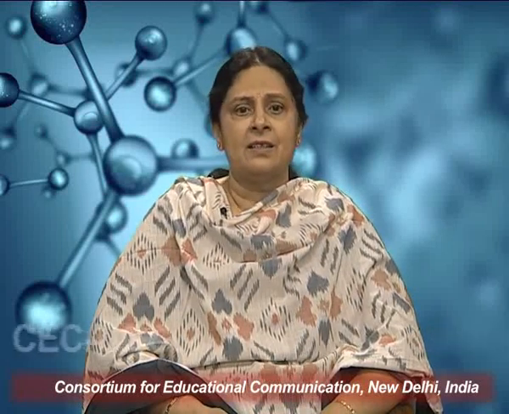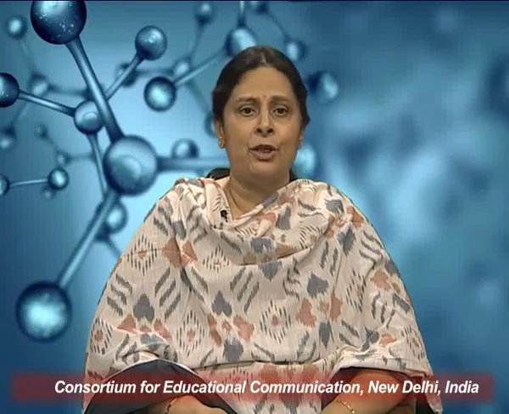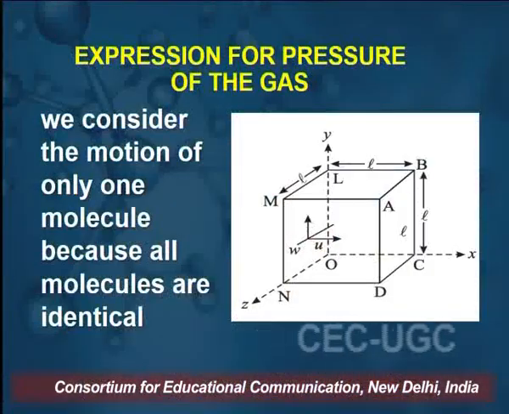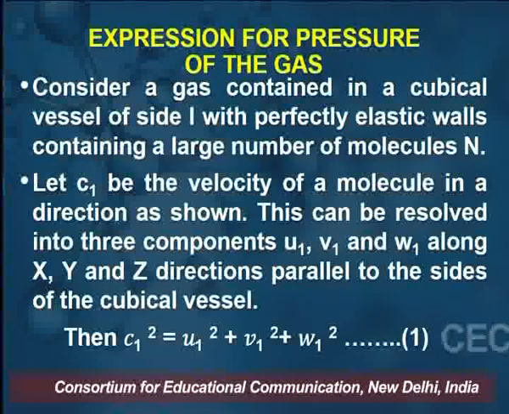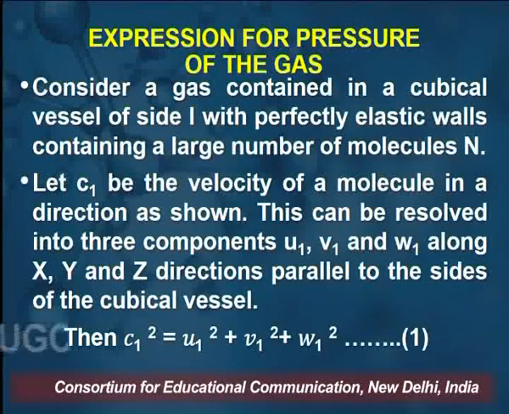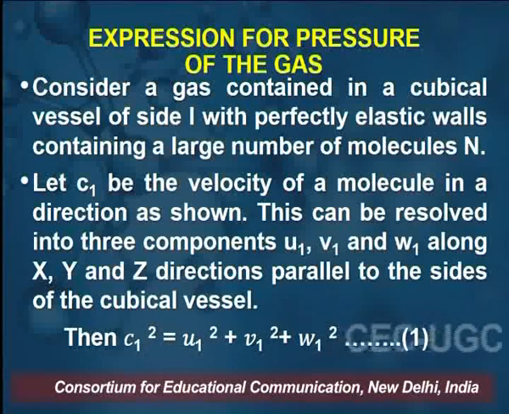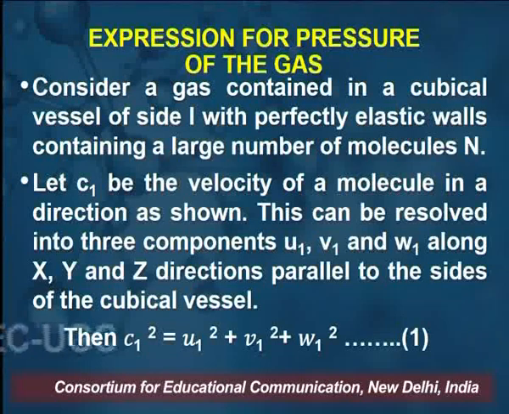Let us consider the motion of only one molecule because all molecules are identical in nature. Consider a gas contained in a cubical vessel of side L with perfectly elastic walls containing a large number of molecules N. Let C1 be the velocity of the molecule in a direction as shown.